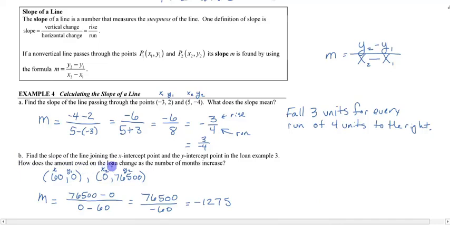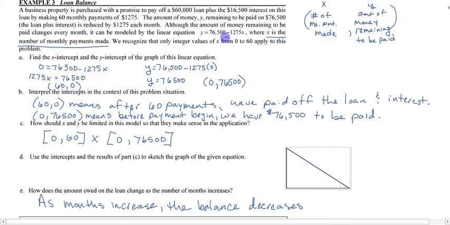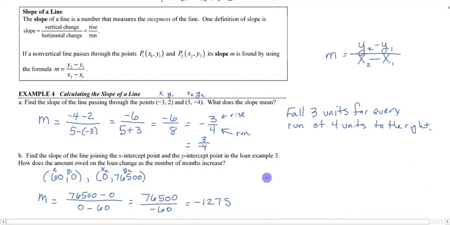And how does the amount owed on the loan change as the number of months increase? The amount owed on the loan changes by that $1,275. It decreases by $1,275 every payment that's made. Remember, that was the number there. So there's a connection to that original equation. So the amount owed will decrease by $1,275.